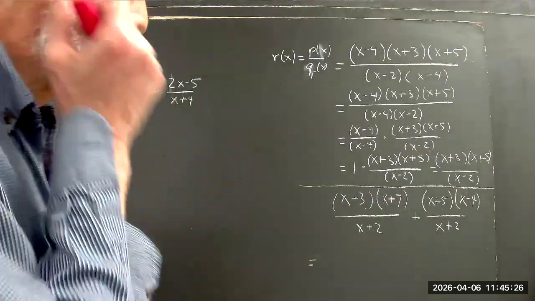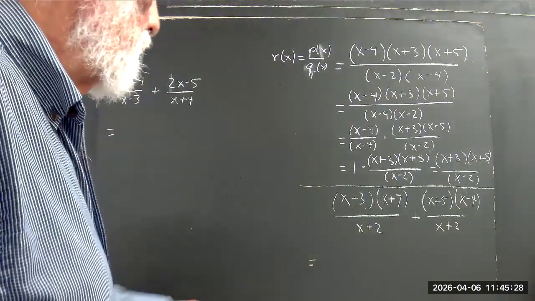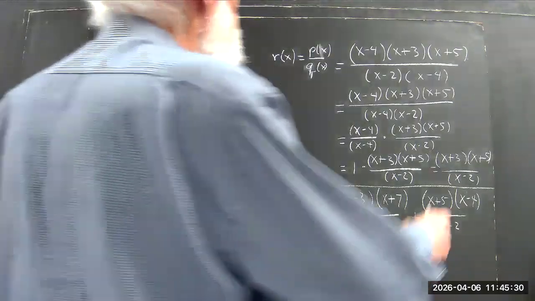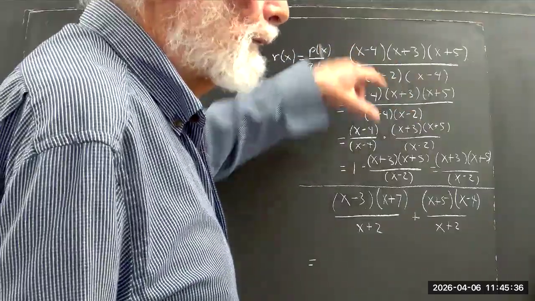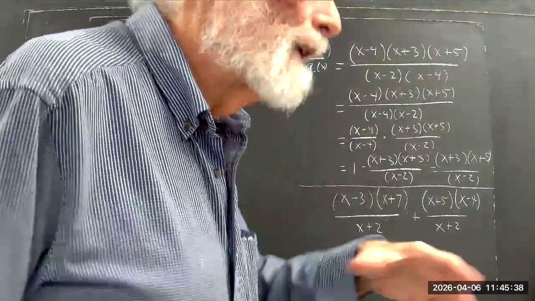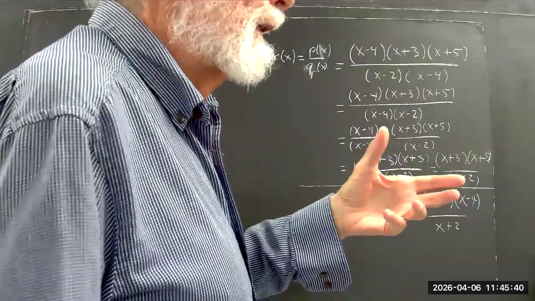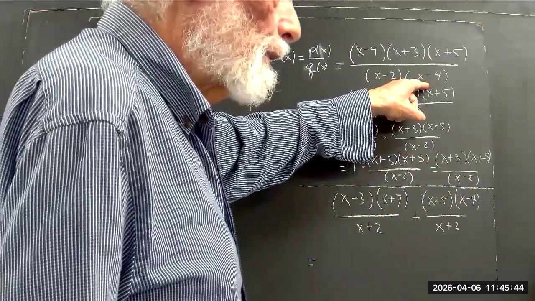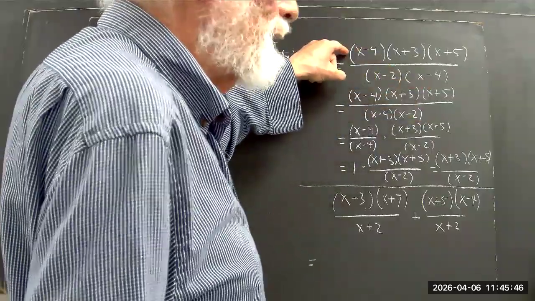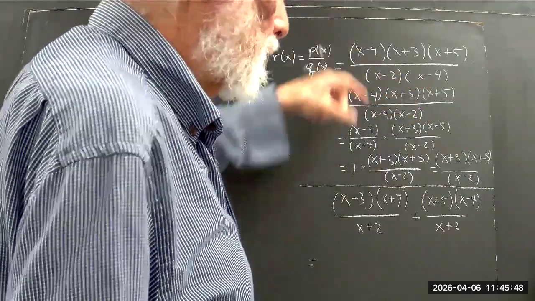That would be fine. The one thing I discourage is just crossing out the x minus 4 here and here, because there's a tendency for people not to be very careful about making sure that what they cross out is a factor of the denominator and also a factor of the numerator.